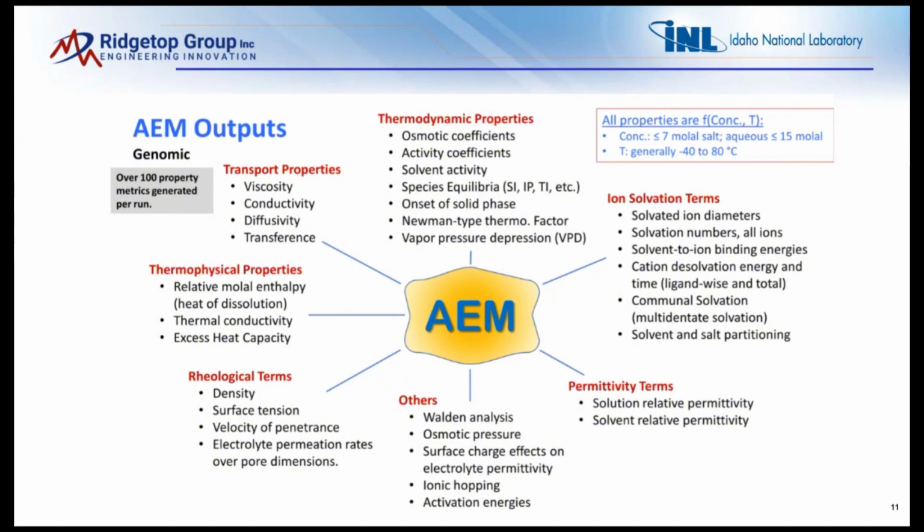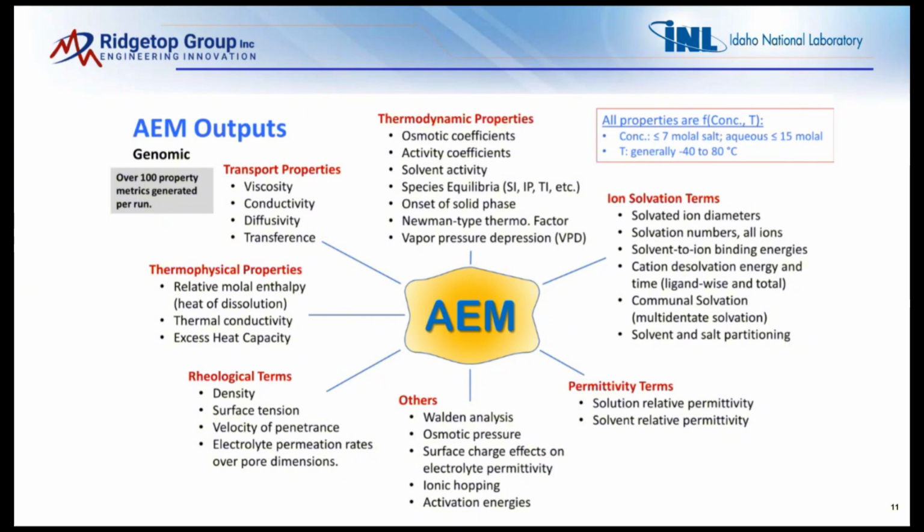And then some other terms regarding communal solvation or multidentate solvation, and then microstructure terms like solvent and salt partitioning. Permittivity is handled rigorously within the model, showing how the solution and solvent permittivity changes with the addition of salt.